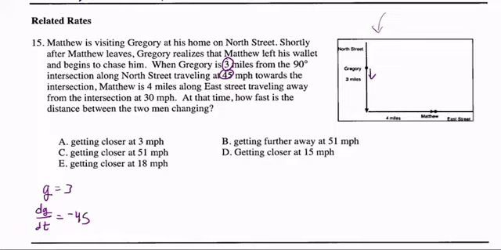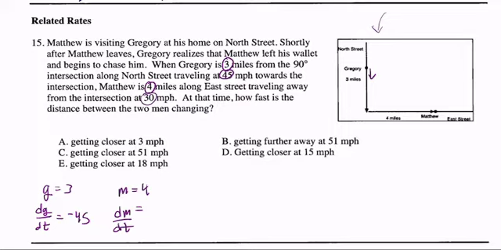Matthew is 4 miles along the east street, traveling away from the intersection at 30 miles per hour. So we're going to say m is the distance of Matthew, which is 4. So I'm going to put 4 right there. He's traveling away from the intersection.